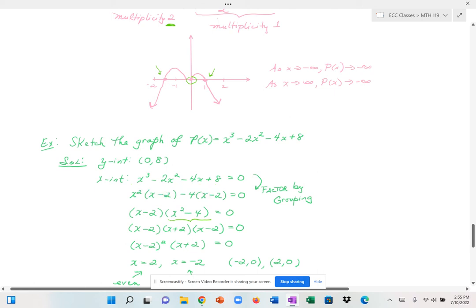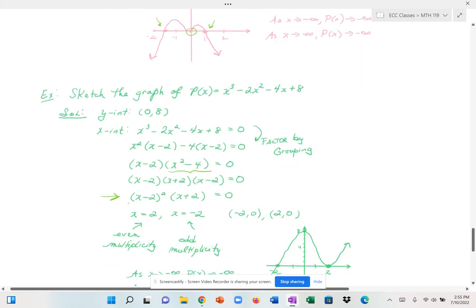So that means x minus 2 shows up twice, and x plus 2 shows up once. When you solve those factors, the one associated with this one is 2, and that's got an even multiplicity. And this solution is negative 2, that's got an odd multiplicity. So my x-intercepts are at negative 2, 0, and at 2, 0.